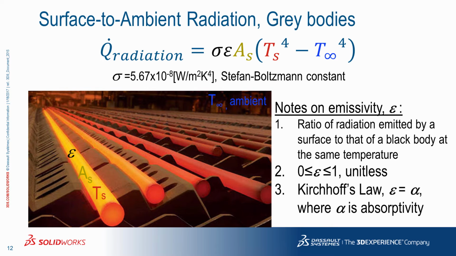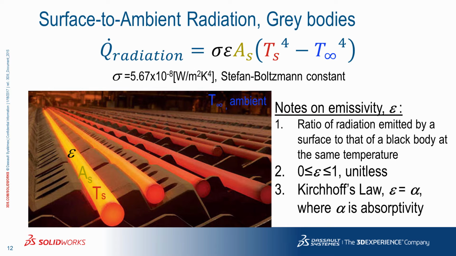So let's take a look at emissivity here, which is defined by the ratio of radiation which is emitted by a surface to that of a black body at the same temperature. So emissivity is a value between 0 and 1, and it is unitless because the units cancel out one another. It would be 0 if the body was a white body, and it would be 1 if the body is a black body.